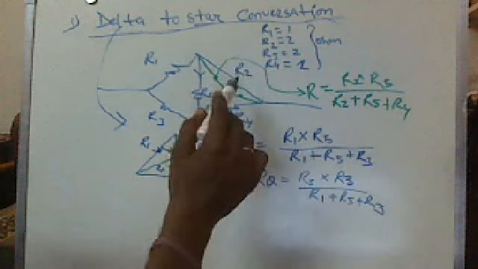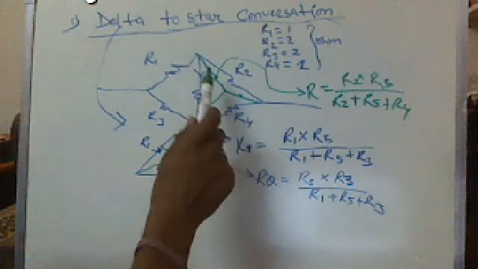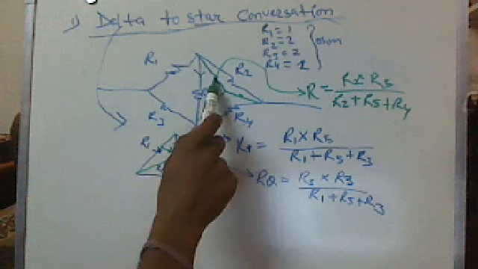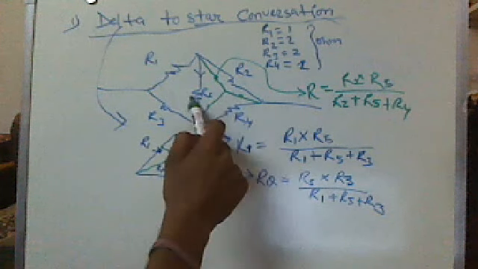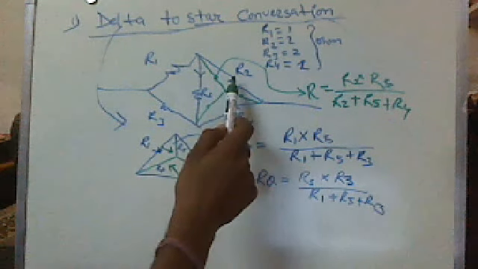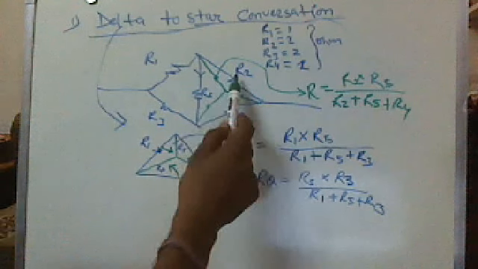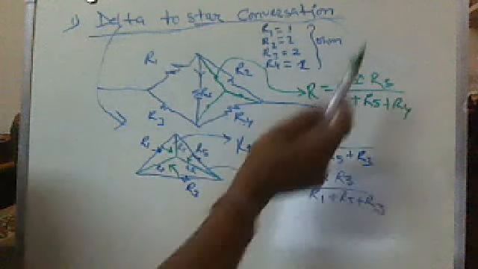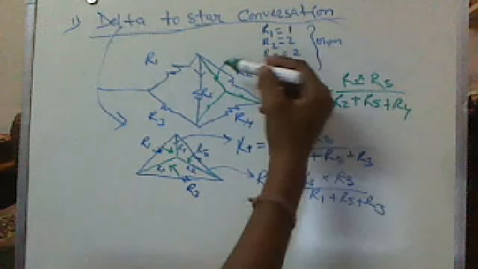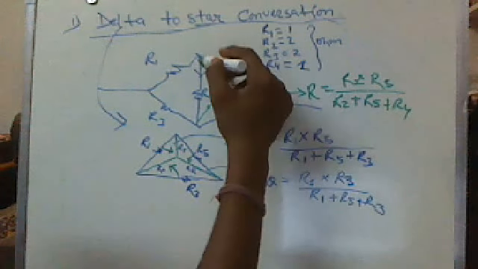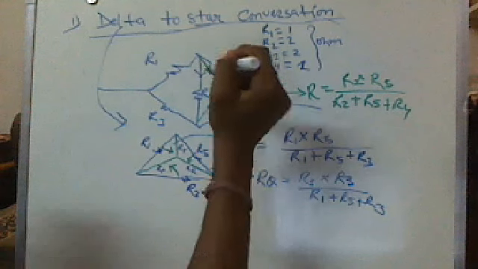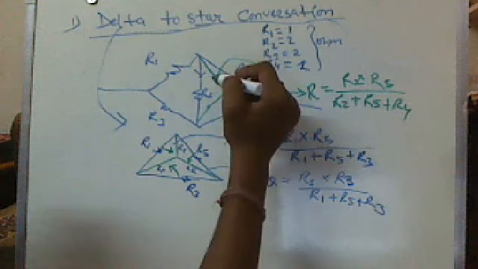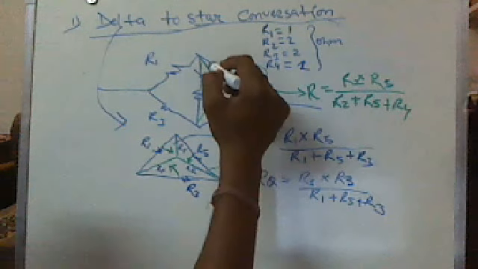You must know that a resistance lies in between two resistances, and the surrounding resistances are multiplied. If I want to calculate this resistance, the resistances which are multiplied must surround it.